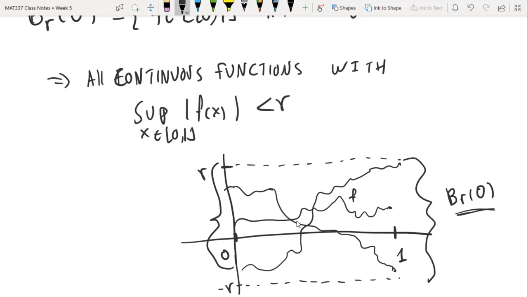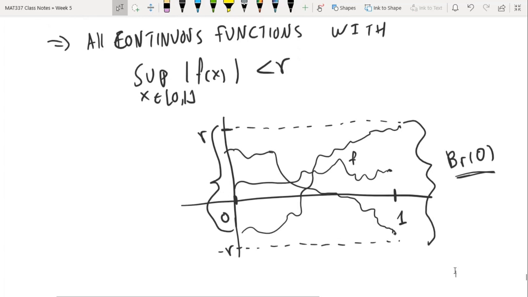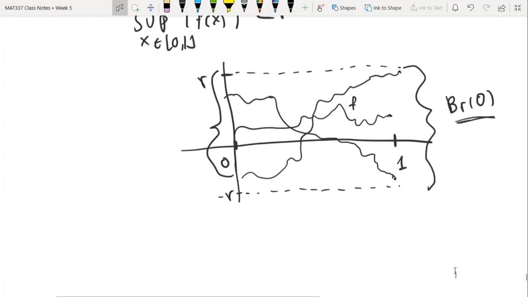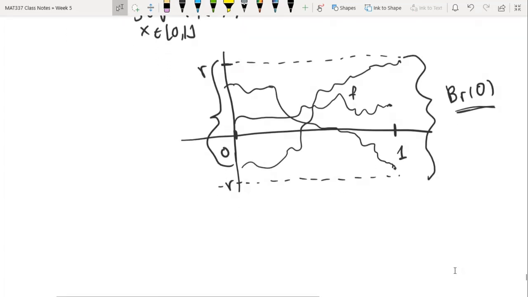Is that okay? So things are a little bit different with function spaces, but hopefully we will get a handle on the geometry, the topology on function spaces.